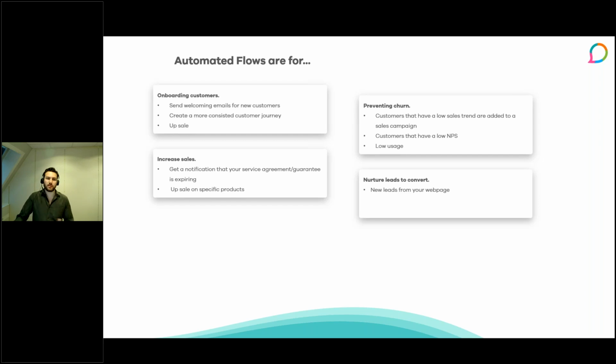Maybe we want to do that with a marketing flow. Or maybe there have been sales opportunities that have stagnated, that have been lying in the pipe, and they don't really move forward. It's not really the right timing, but maybe we can nurture them and try to get them hot again. Or even work on lost deals. So a deal that we have lost, but maybe we can try and win them back again later on.